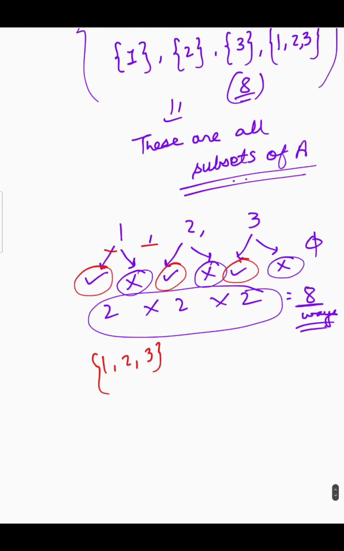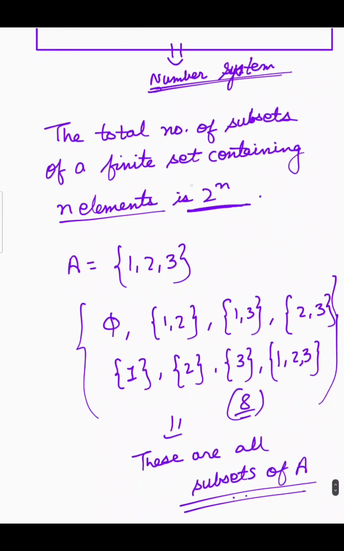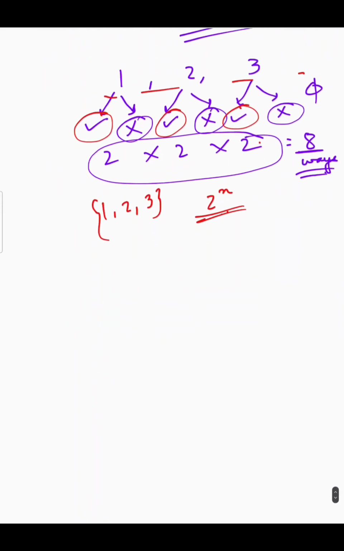Now if there are n elements, then this will be 2 into 2 into 2 into 2, so on n times, so 2 to the power n. Okay. So this is how this number has come, 2 to the power n. Else the proof we will see in combination. We will understand it more when we do permutations and combinations.